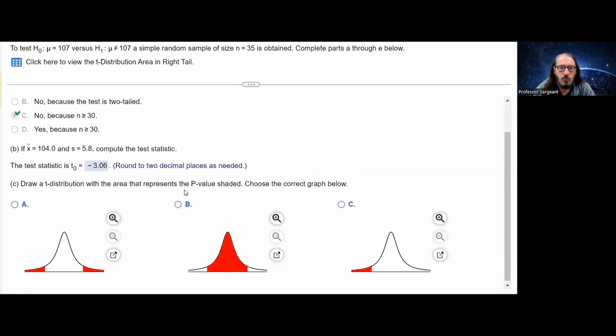Since this is a two-tailed test, we're looking to find out if that X bar is something extreme, something unusual. Is it really low compared to the claimed mean, so that it could be on the left side, or, since this is two-tailed, could it be on the right side?